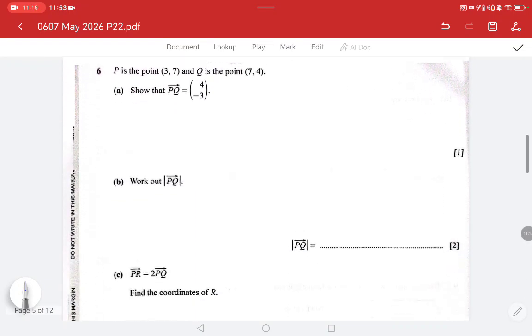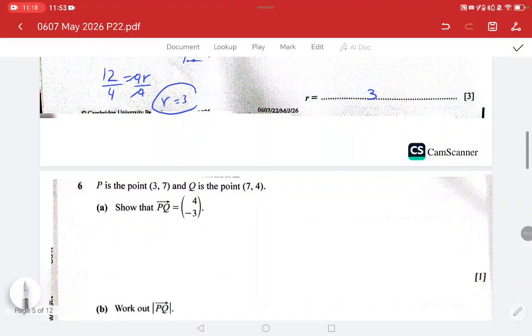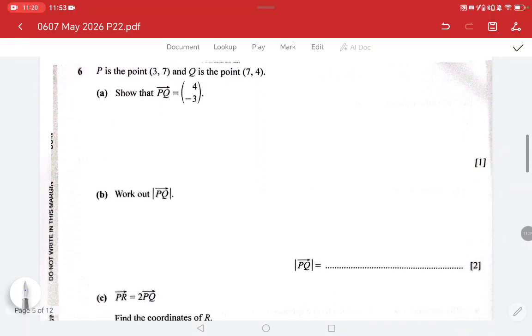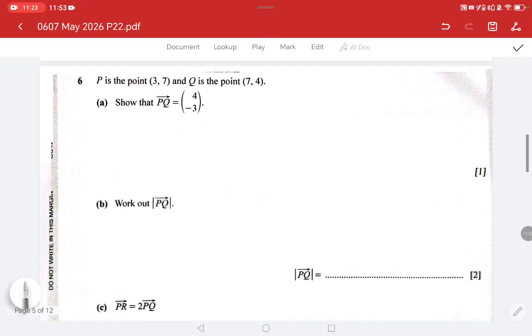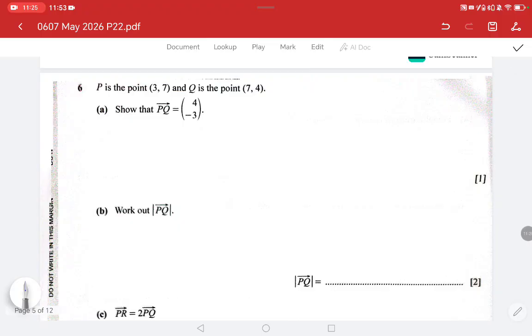Okay, next question about vectors. P is the point (3, 7) and Q is the point (7, 4). Show that PQ is (4, -3). When we need to find PQ, it's Q minus P. So you can take the values of P and Q. Here Q is here.